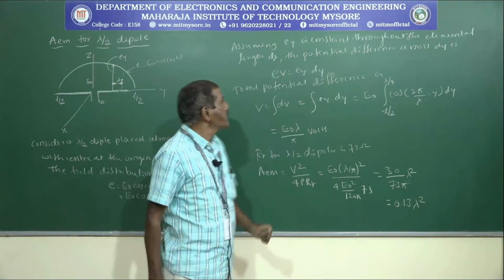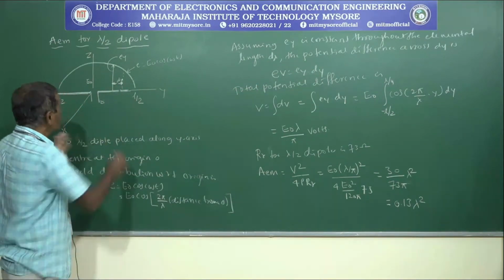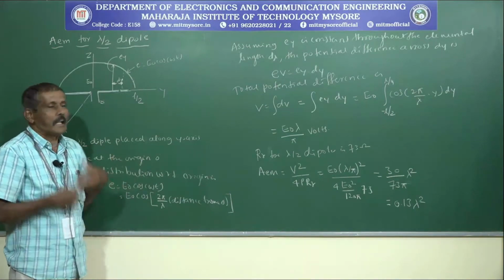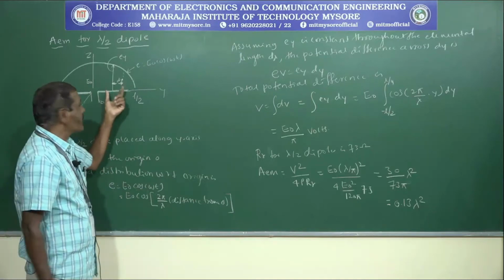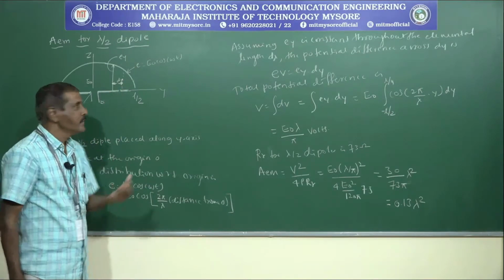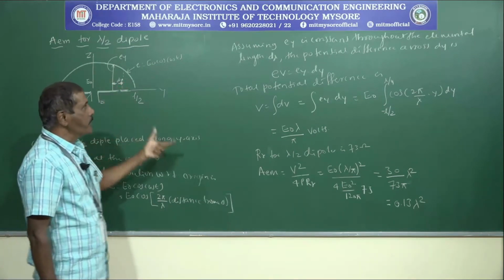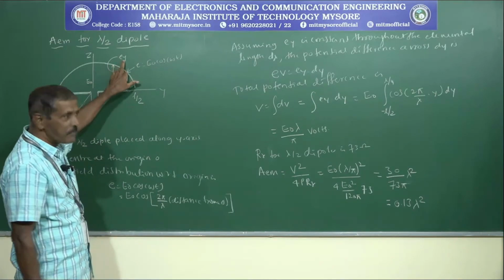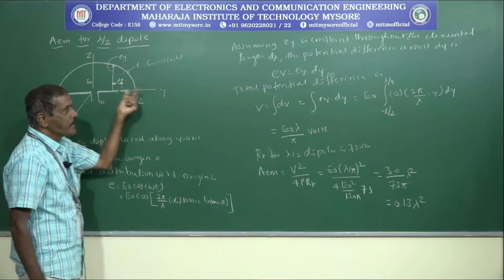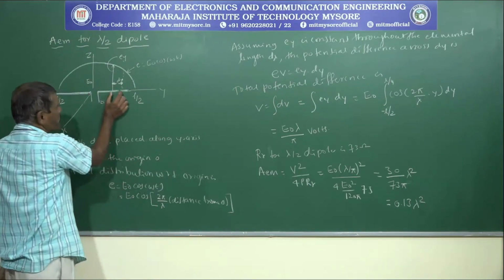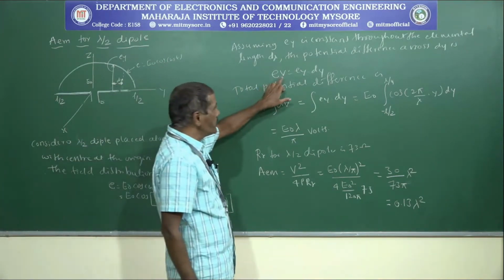Instead of calculating the electrical field distribution for the entire antenna, we are considering a part of the antenna that has a length dy. The Ey field is constant throughout this length dy. Therefore, the potential difference across this distance is dV equal to Ey into dy.